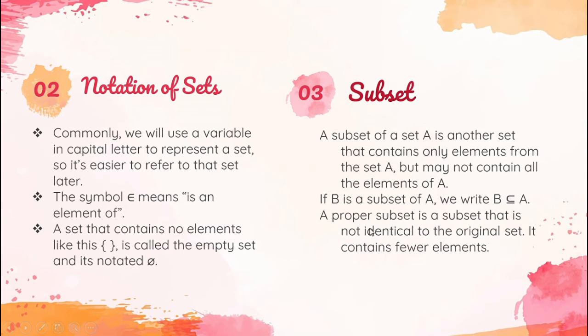Then, a proper subset is a subset that is not identical to the original set. It contains fewer elements. If B is a proper subset of A, we can write B ⊂ A.